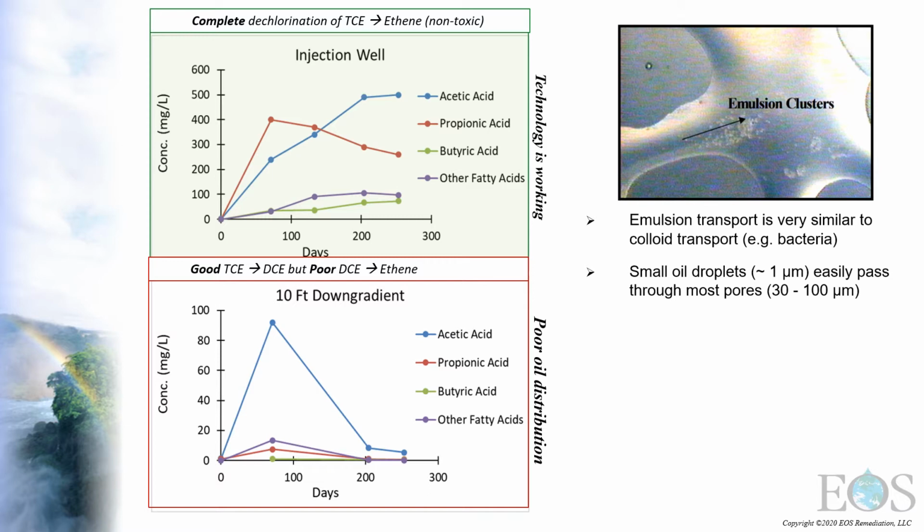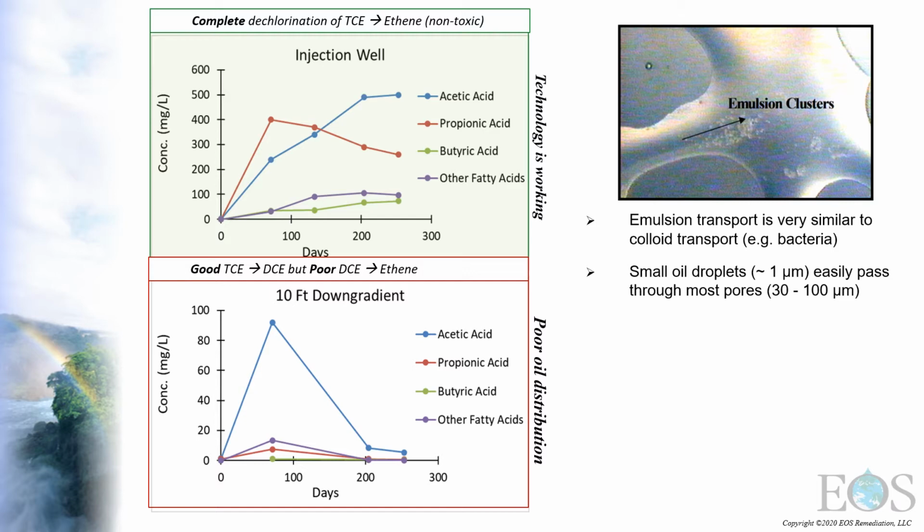Conversely, if we don't have good transport from that same remediation site, they were monitoring their volatile fatty acids 10 feet down gradient. So the graph highlighted in red shows what you would consider to be poor oil distribution. They had acetate or acetic acid because that is a somewhat mobile fraction and was able to move 10 feet down gradient. And they did get degradation.